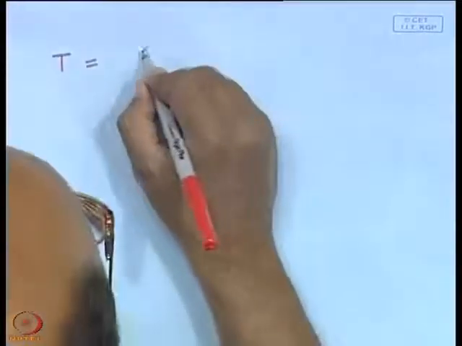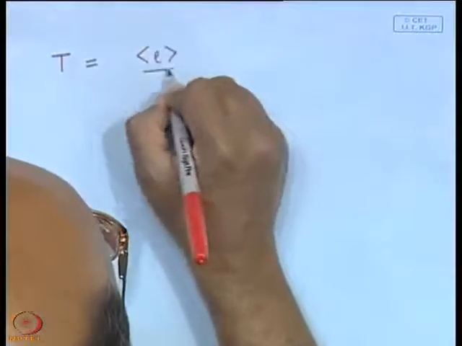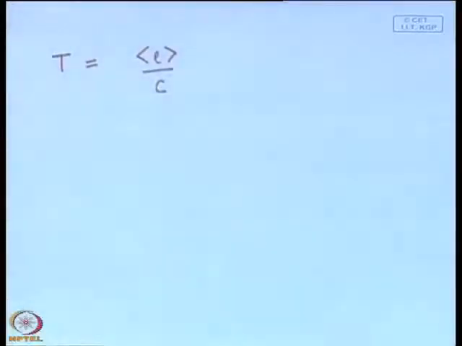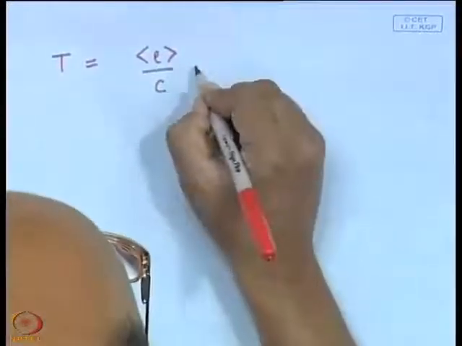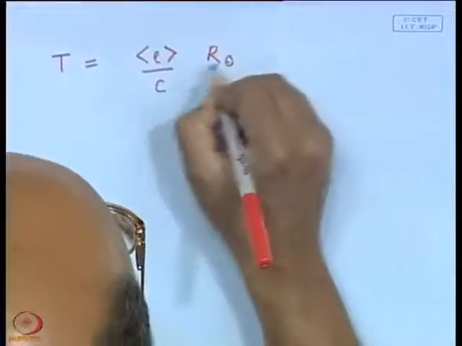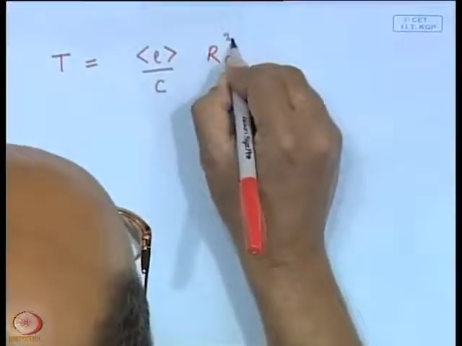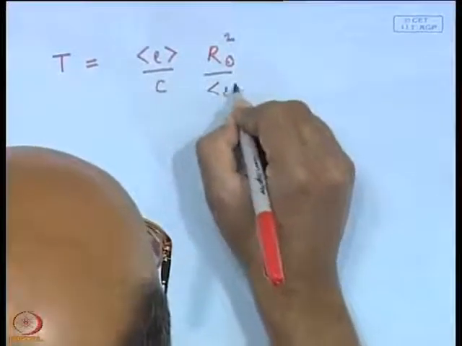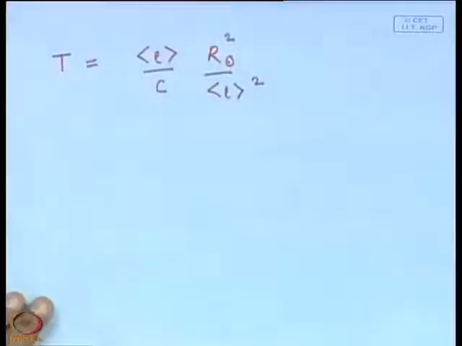The time for each step is the mean free path divided by c. This into the number of steps will give me the time the photon takes to come out.